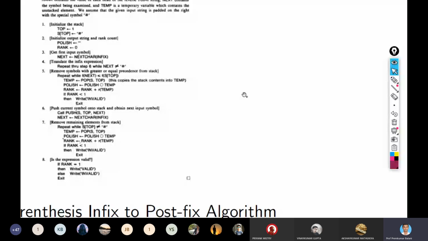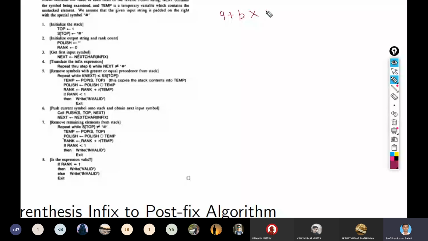So let's take one expression, and with the help of the expression we want to understand this algorithm. So let's take the expression a plus b multiply by c. I am trying to draw the asterisk, so it would be okay if I draw x also, right? You can understand.